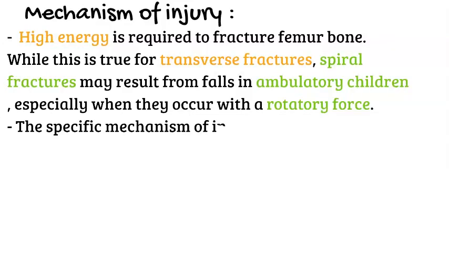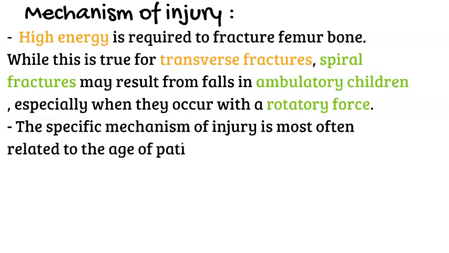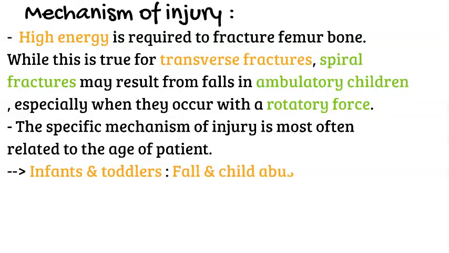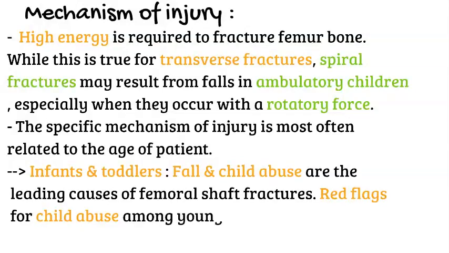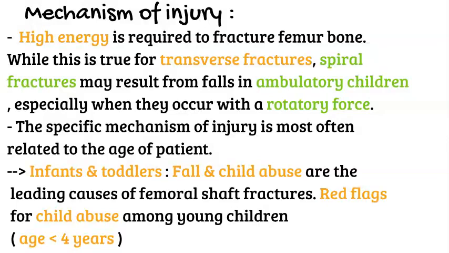The specific mechanism of injury is most often related to the age of the patient. For infants and toddlers, falls and child abuse are the leading causes of femoral shaft fractures. These are red flags for child abuse among young children, especially those aged less than 4 years old.